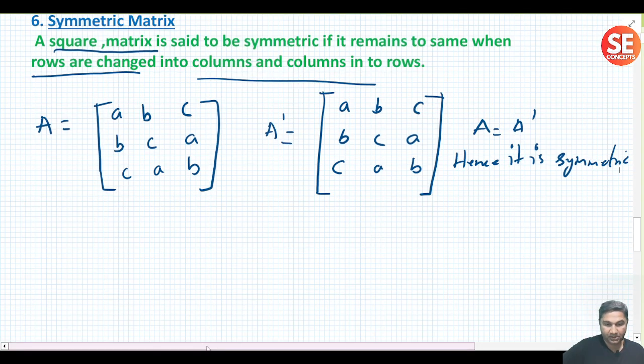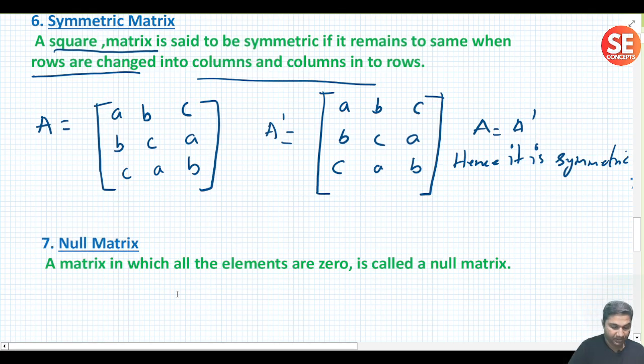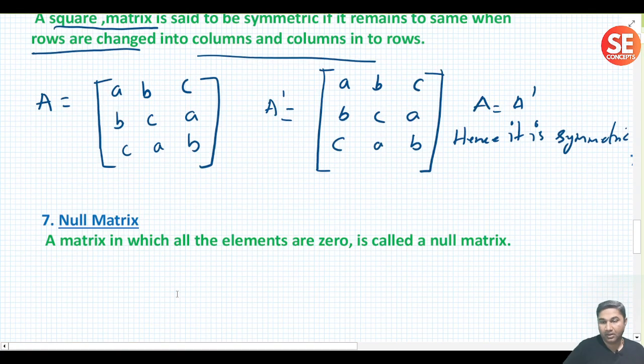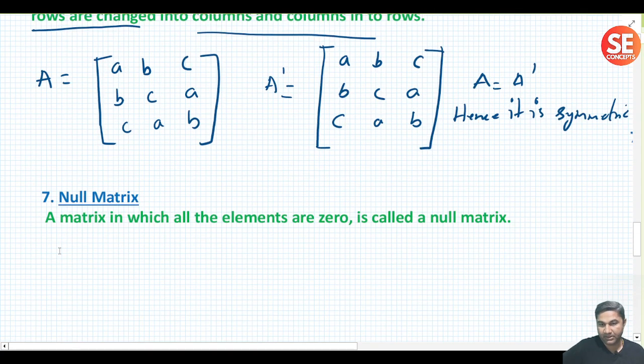The last one for you is something called a null matrix. A null matrix is nothing but all the elements are zero.